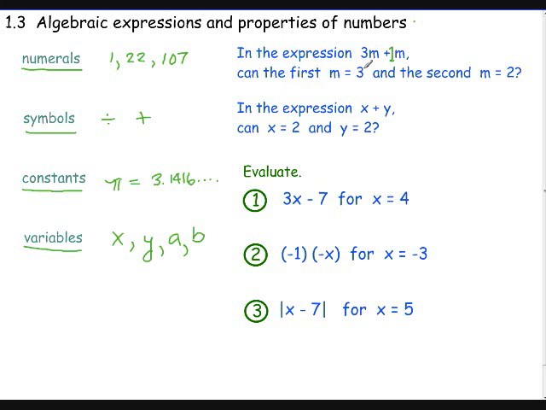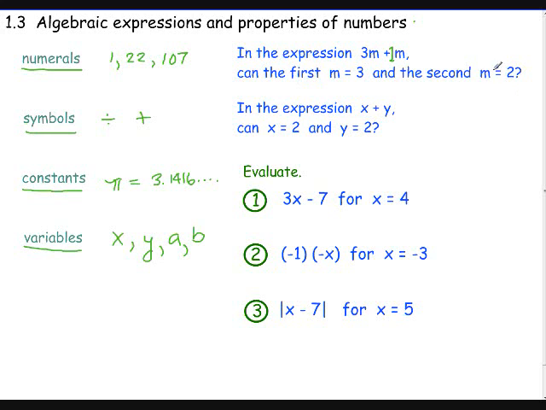Can the first m, this one right here, equal 3, while the second one equals 2? Is that allowed? No. Whatever m is, it is the same in all instances of the expression or an equation.